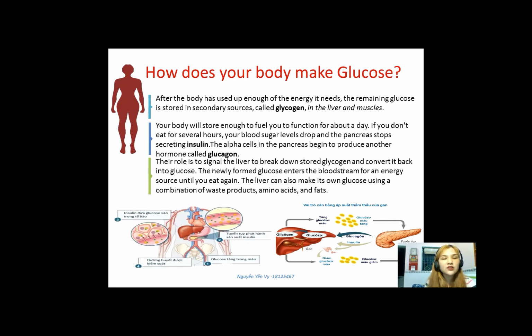If you don't eat for several hours, your blood sugar level drops and the pancreas secretes insulin. The alpha cells in the pancreas begin to produce another hormone called glucagon. They signal the liver to break down stored glycogen and convert it back into glucose.